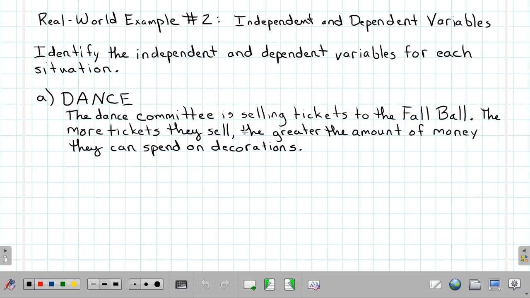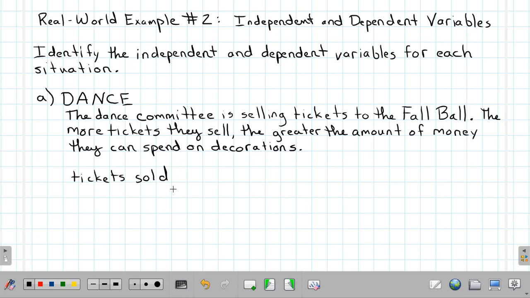Well, what two things can change here? They can change how many tickets they sell. So tickets sold is one of the variables. The tickets sold can change.